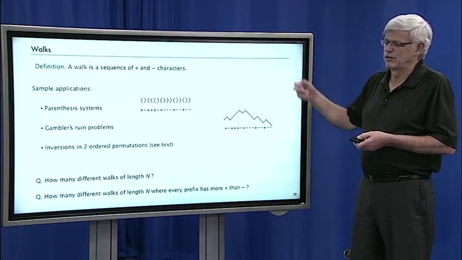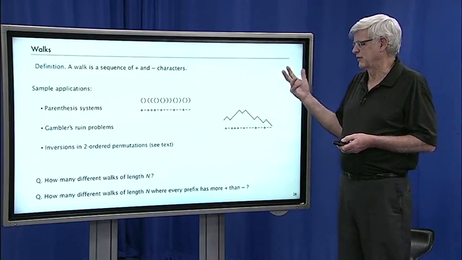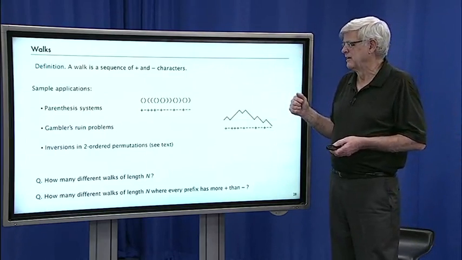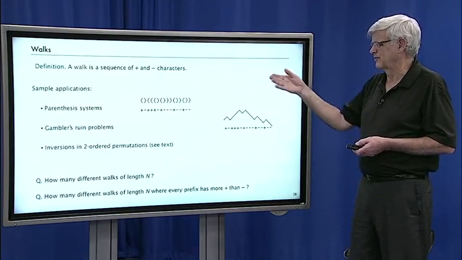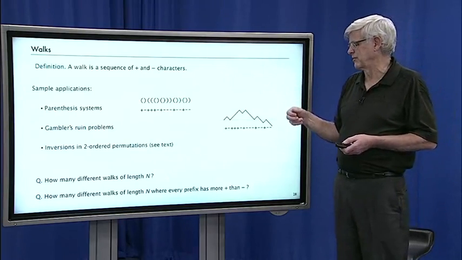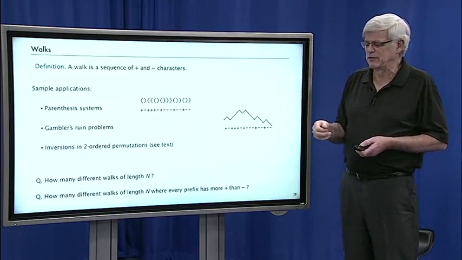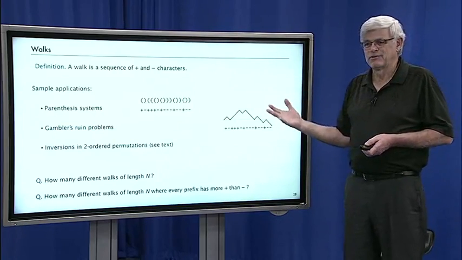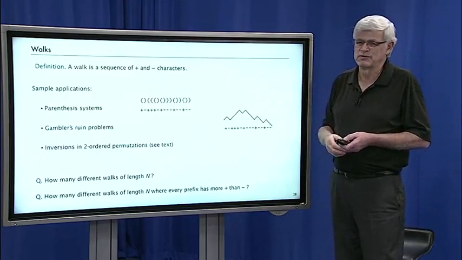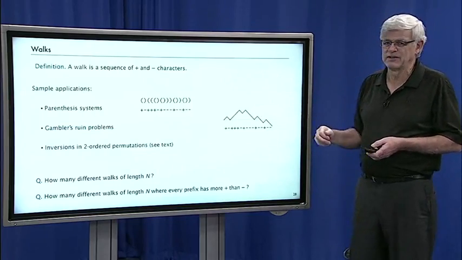So this is just an example for the study of random walks. A walk is a sequence of plus and minus characters, and there are lots of applications of random walks, so-called gambler's ruin problems, and also the study of some sorting algorithms. These are discussed in the text.